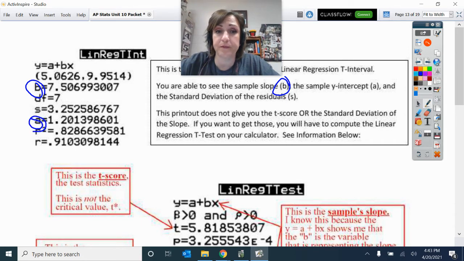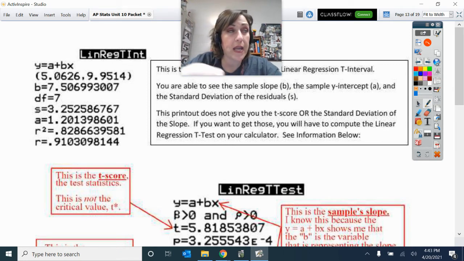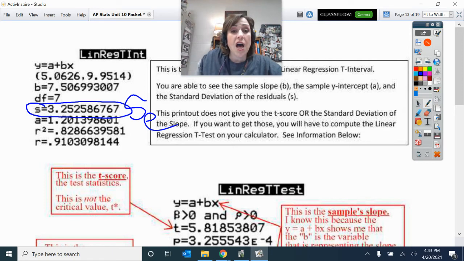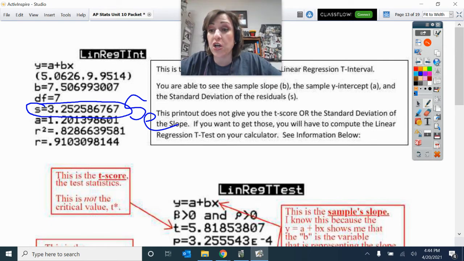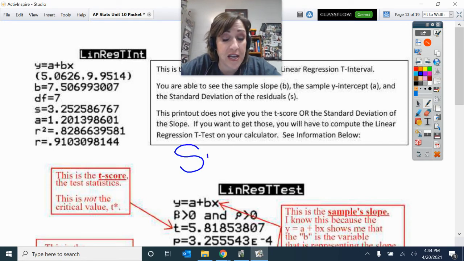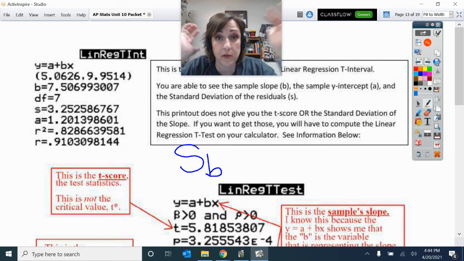Now you also can see, remember I told you a minute ago, or actually we had this on our last assignment, this S is the same thing as the standard deviation of the residuals, the errors. So S with little e. Sometimes I'm asking you for the standard deviation of the slope.